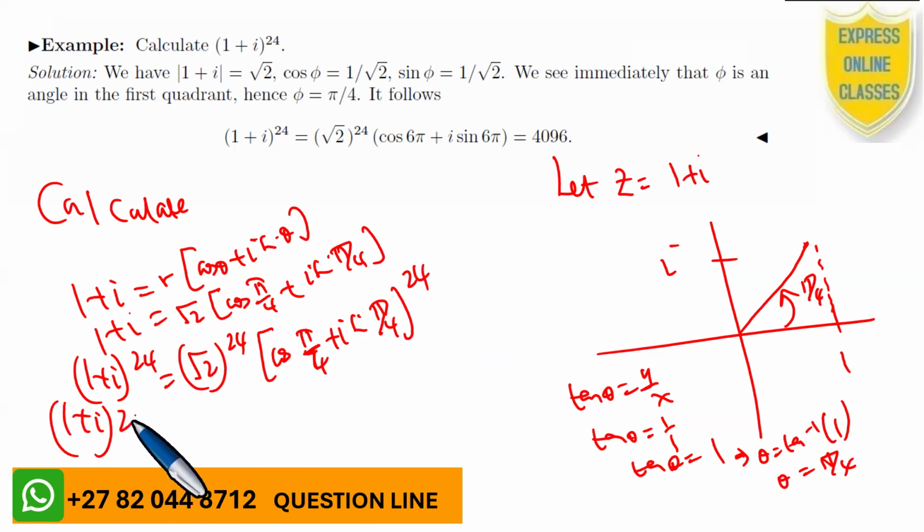The square root is 2 to the power 1/2, and half of 24 is 2 to the power 12.